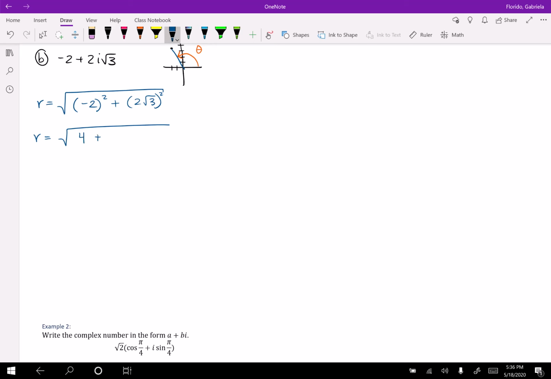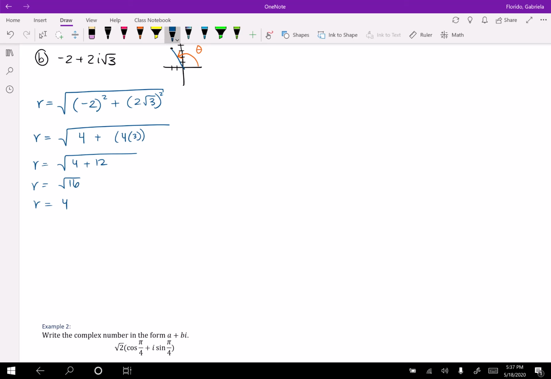And here, by rules of exponents, we get 4 times 3 here. And so R is equal to the square root of 4 plus 12, which gives us the square root of 16, which gives us just 4. So we know that the distance between the origin and our complex number -2 plus 2 square root of 3i is just 4. Now we have to find our argument.